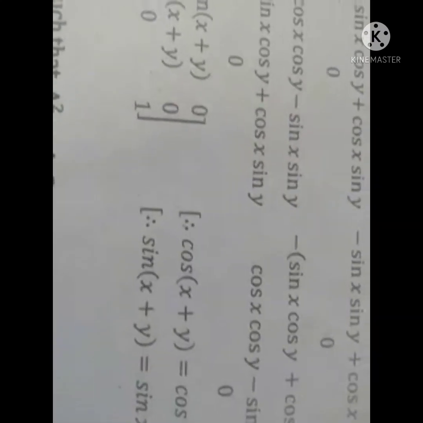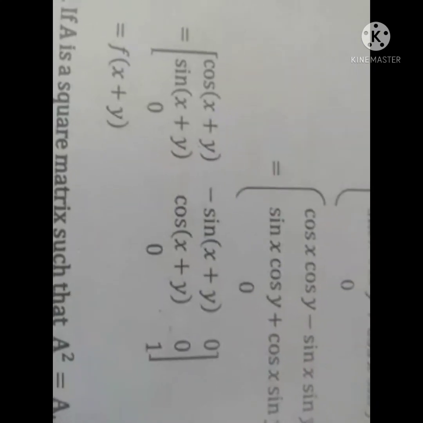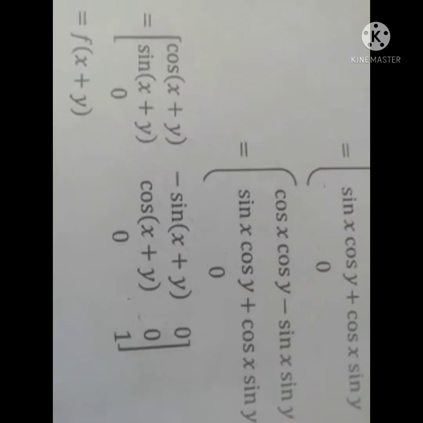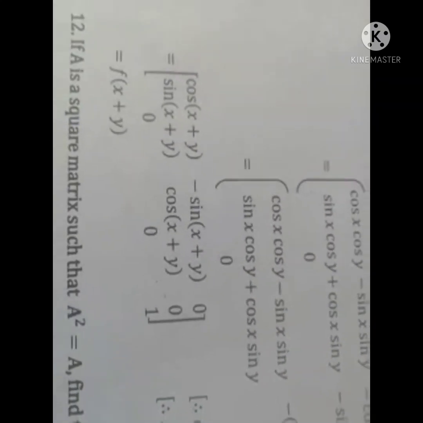What is cos x cos y minus sin x sin y? That is cos of x plus y. Sin x cos y plus cos x sin y means sin of x plus y. So finally we get this answer. So that is equal to f of x plus y.